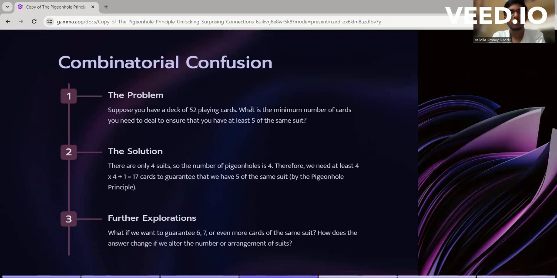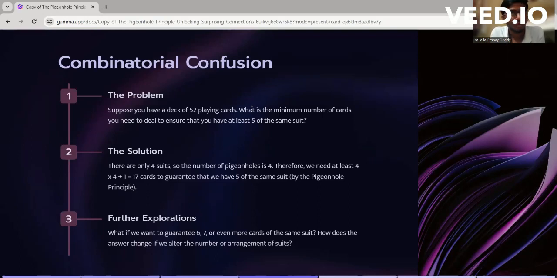Now, what is the solution? To find the solution, we generally have a formula: (n minus 1) divided by p, plus 1, is equal to the number of cards drawn. Here the small n represents the minimum number of cards that should be picked, and p represents the number of pigeons. In this question, the pigeons are the suits. How many suits are there? 4.